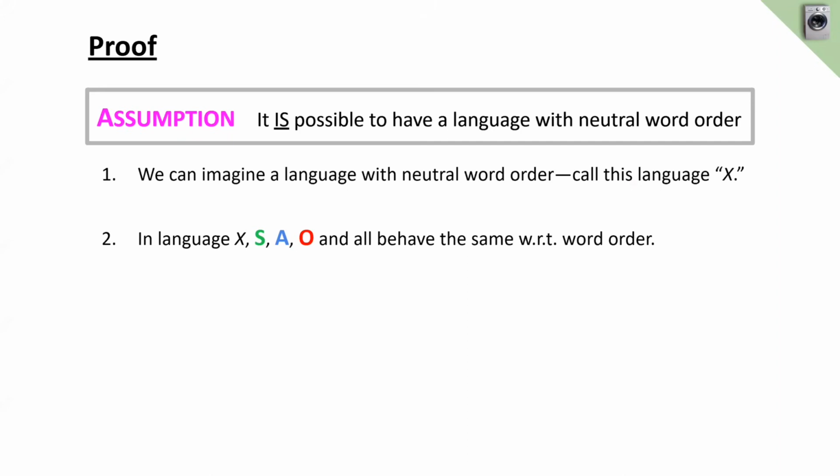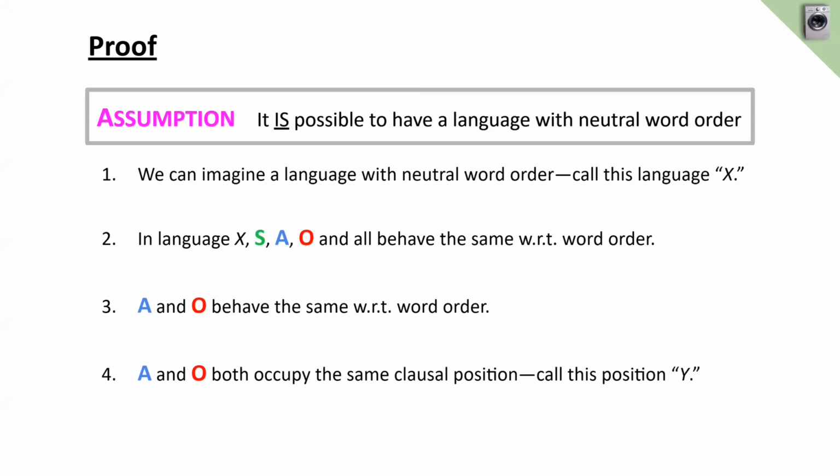Since S, A, and O arguments all behave similarly, it must also be the case that A and O arguments behave similarly. Thus, in language X, A and O arguments occupy the same clausal position. From here on, we'll call this position position Y.